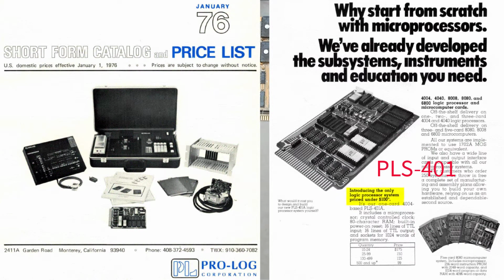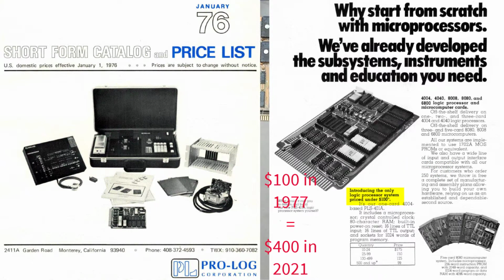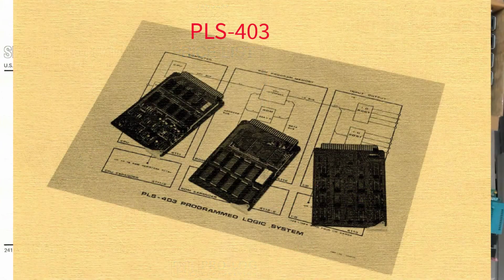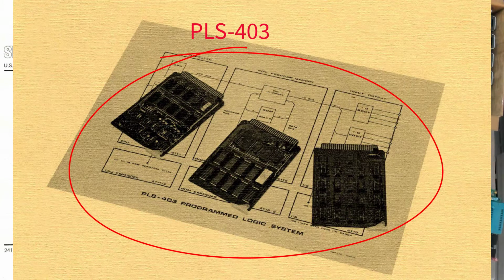If you're looking for documentation and identifying cards, the Prolog PLS product line notation is somewhat confusing. Some, like the PLS 401, were single board computers having RAM, ROM, and I/O, while others, like the PLS 403, were actually a set of boards that included the 4004-based 4111 CPU card, the 4112 EEPROM board, and the 4113 I/O board.